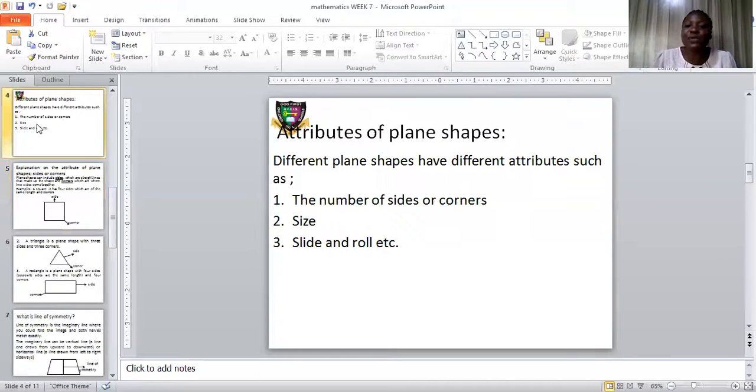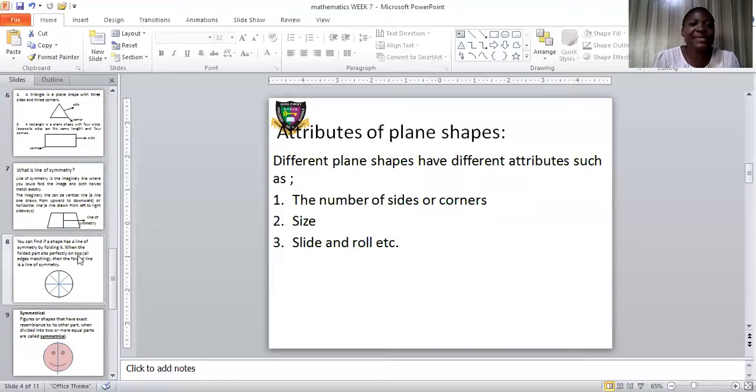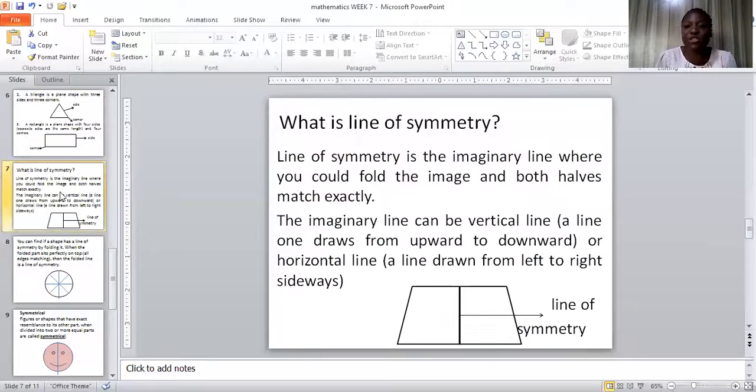We said the attributes are the number of sides or corners, its size, then slide and roll. A circle is a plane shape because it can roll.